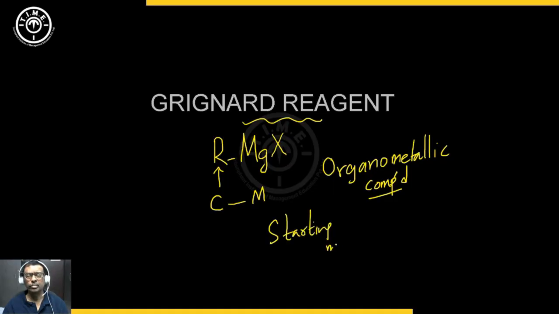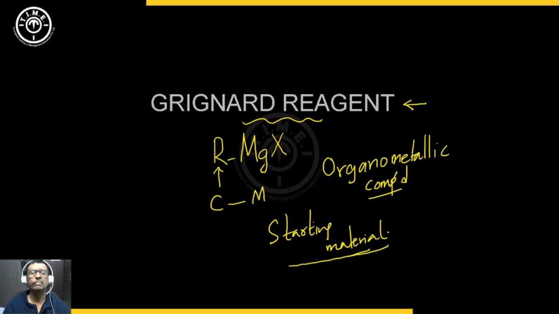So it is employed in the preparation of various useful compounds. And therefore, Grignard reagent not only benefits the student or is required by the student, it is also required by the industrial chemist. So shall we begin? So Grignard reagent is a very useful reagent, right, making lots of material.